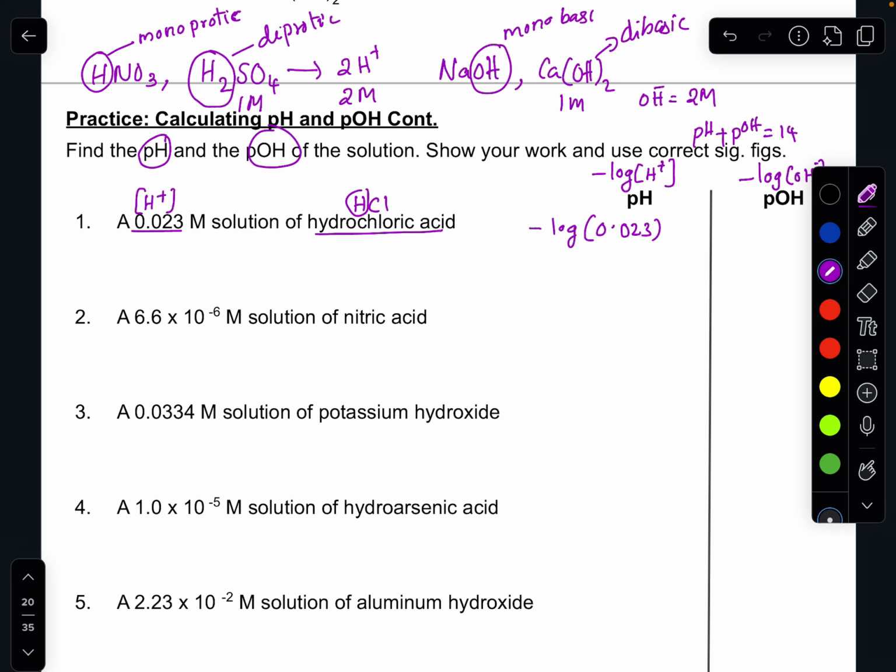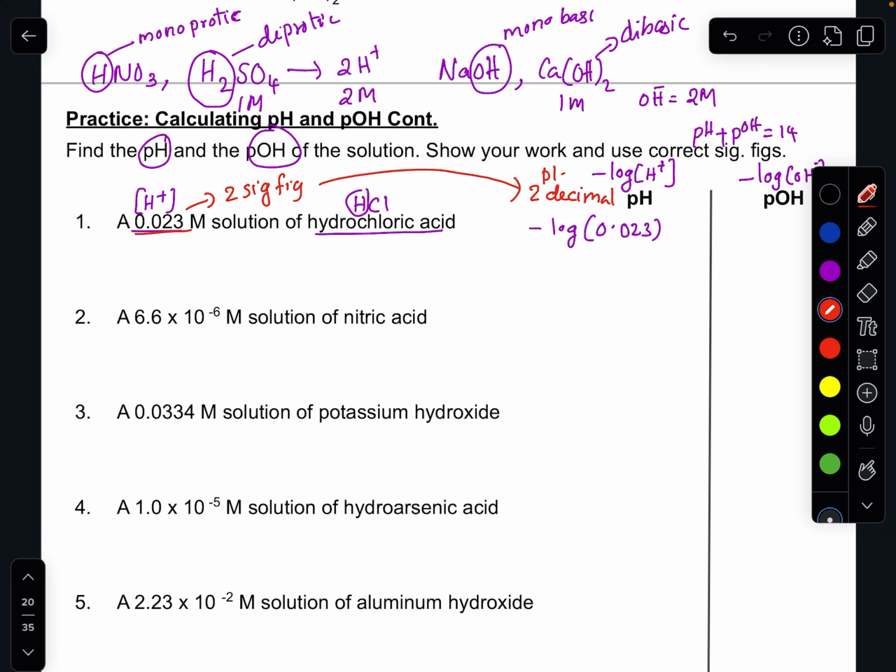Okay, now the sig-fig rule. We already talked about this in class. So you have to look at the concentration which has 2 sig-figs, right? So if there are 2 sig-figs, your pH answer needs 2 decimal places.